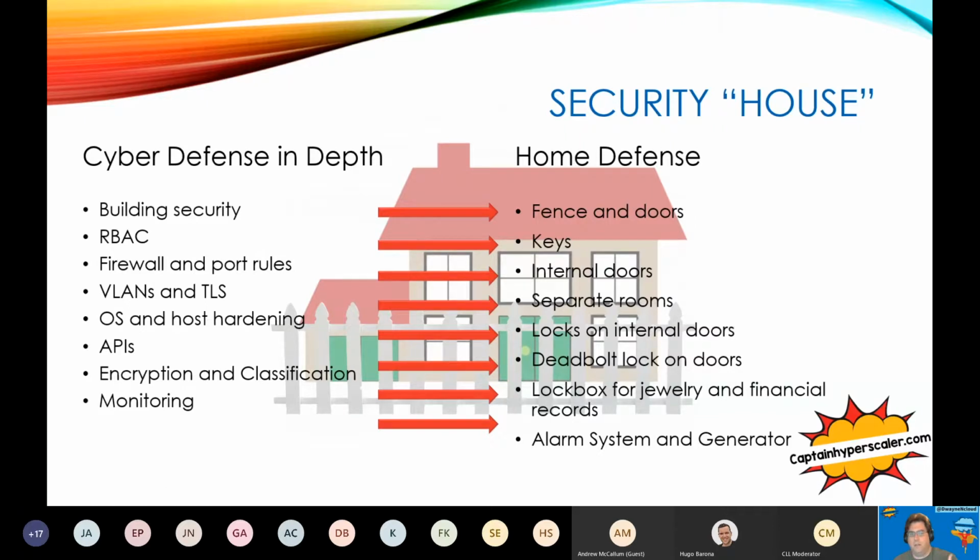In cyber defense, you could take each area of cyber defense and take it into how you're protecting yourself and your home and your family. Think of your home, your family, and all of your financial information as your defense to the outside world.